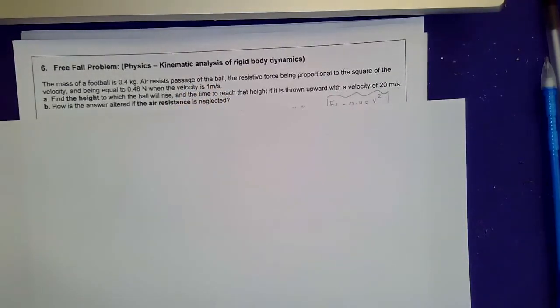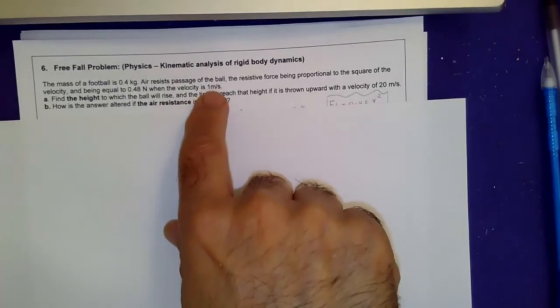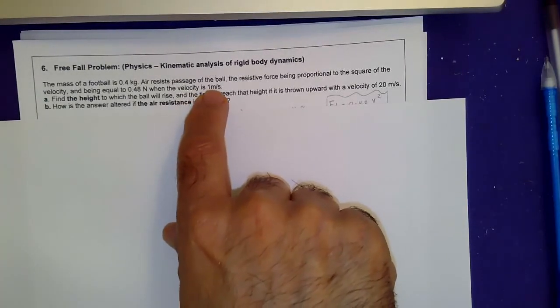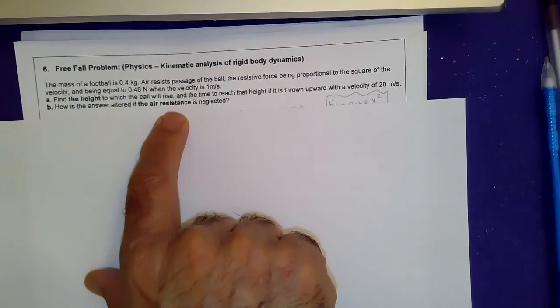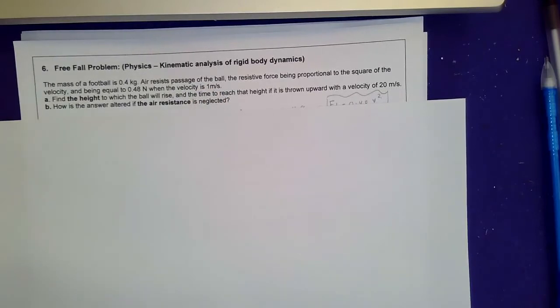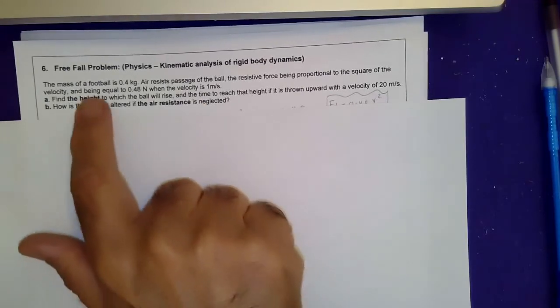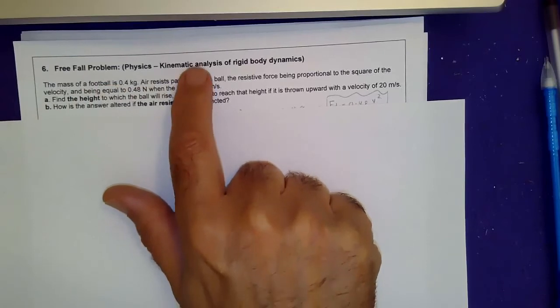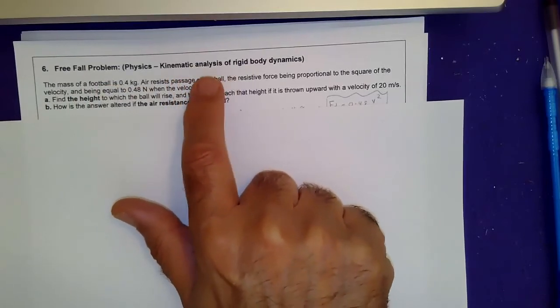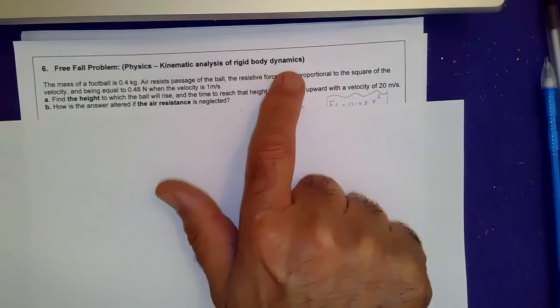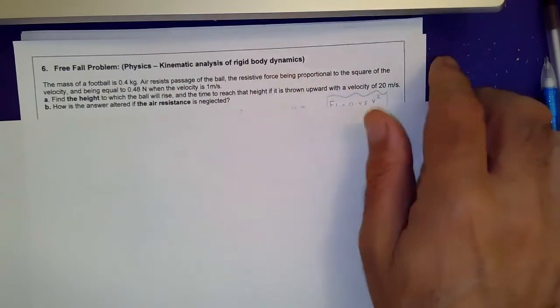One of them is what happens if you don't neglect the air resistance. The other is what if you neglect the air resistance. As a matter of fact, I was going to say there are 2 types of problems regarding free fall, and these types of problems show up in kinematic analysis of rigid body dynamics.